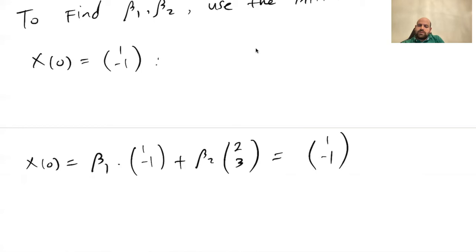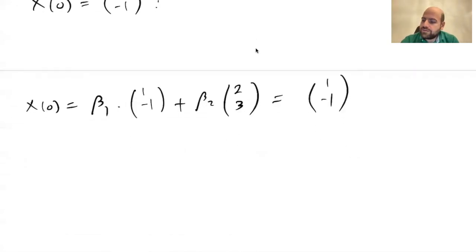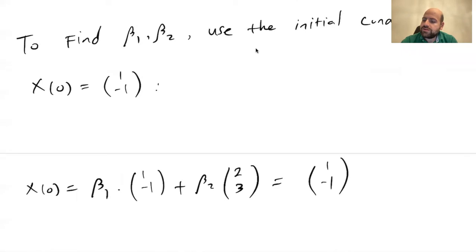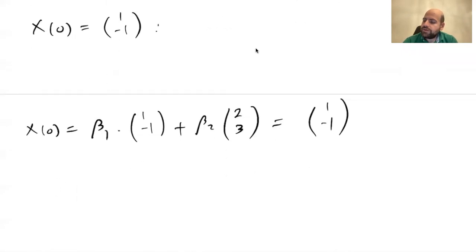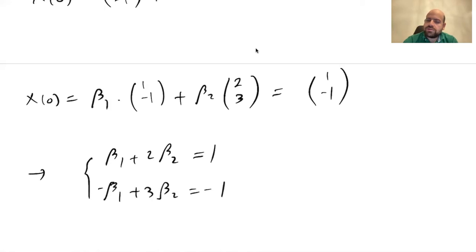So x of 0 on one hand is beta 1 times (1, -1) plus beta 2 times (2, 3), and by assumption x of 0 is (1, -1). If we solve this, that gives me beta 1 plus 2 beta 2 equals 1, and minus beta 1 plus 3 beta 2 equals minus 1.